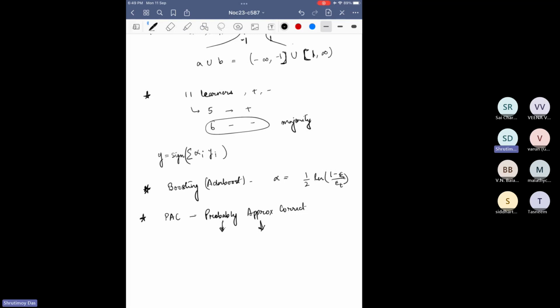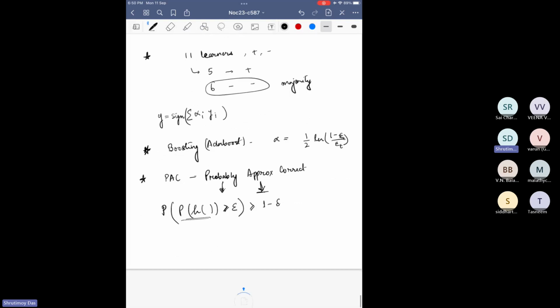We want the error to be small with high probability, and we want that such a hypothesis exists with probability at least 1 minus delta.